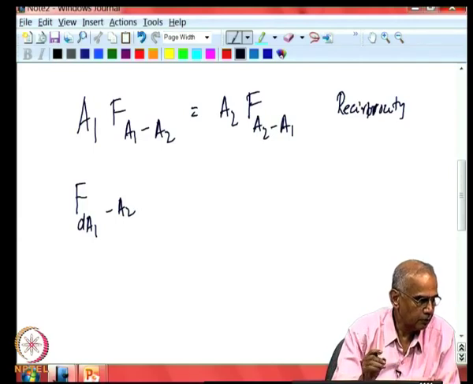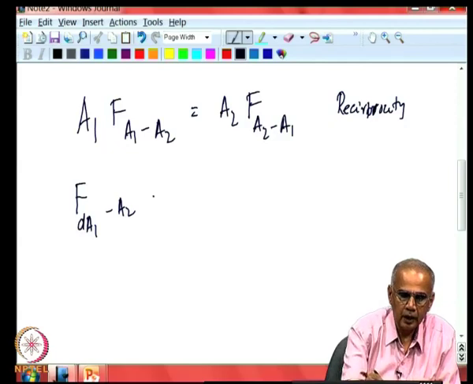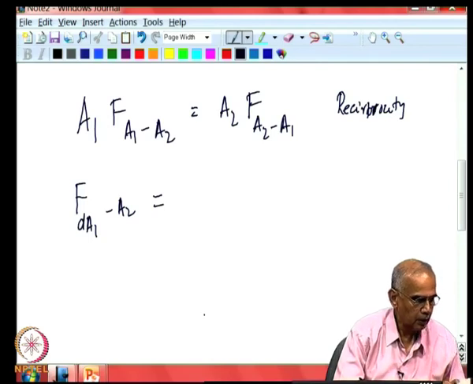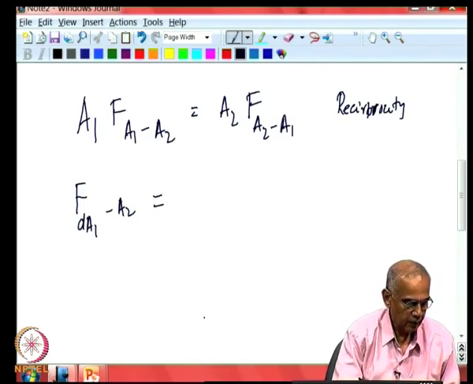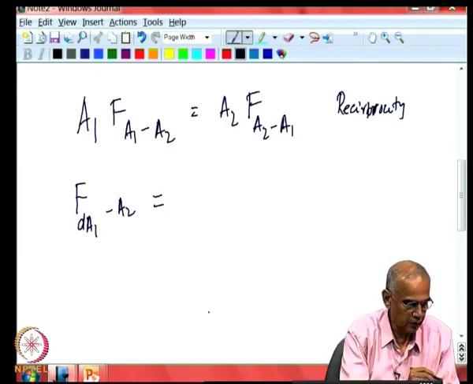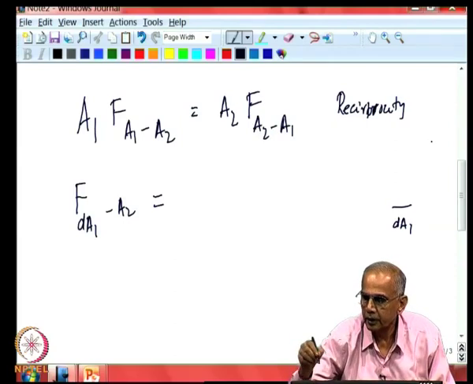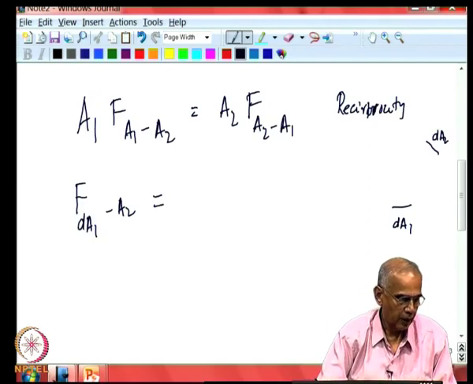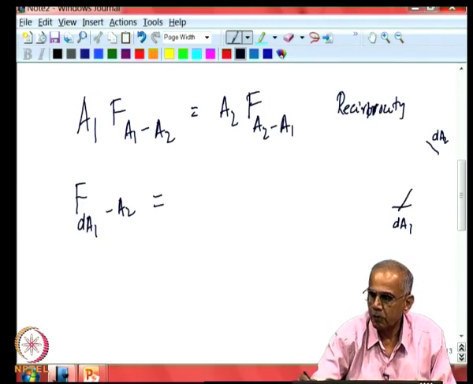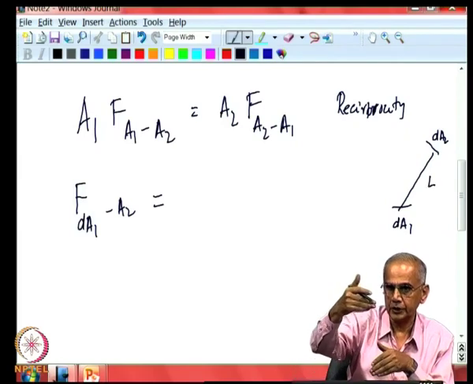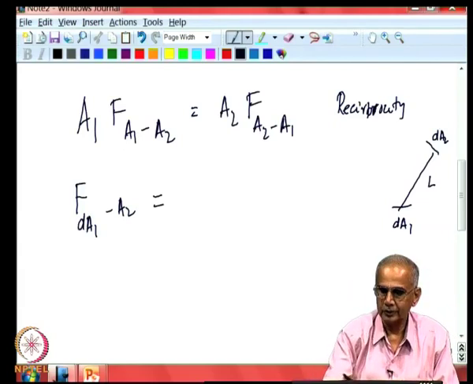You can look at the basic geometry of the problem, wherein the normal distance between two elements: one element is here, that is dA1, and the other element, if you look at the end view, is here, and this projected distance between these two is L. This is not the 3-dimensional distance, this is the distance projected normal to this plane here.